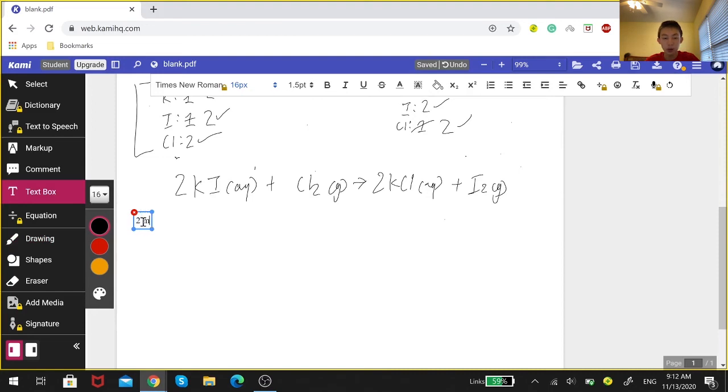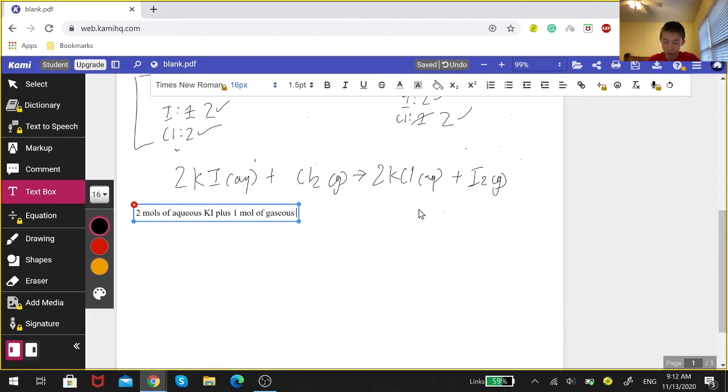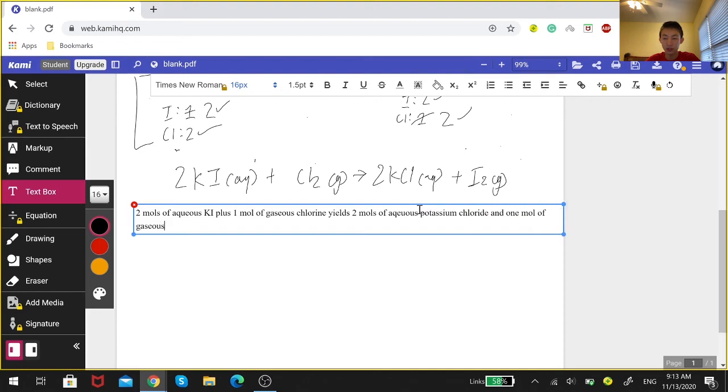We'll say this as 2 moles of aqueous KI plus 1 mole of gaseous chlorine yields 2 moles of aqueous potassium chloride and 1 mole of gaseous iodine.